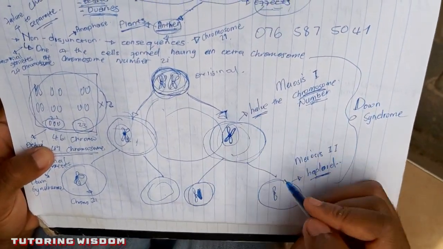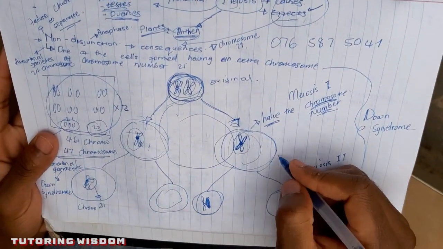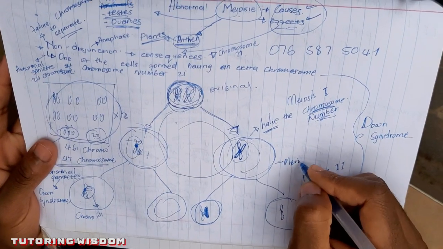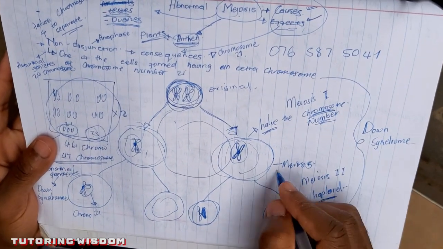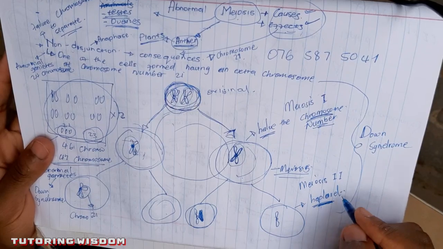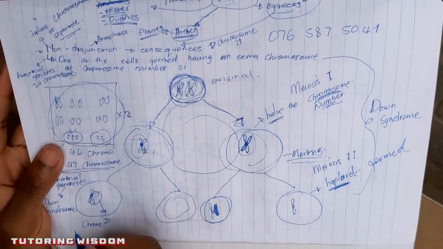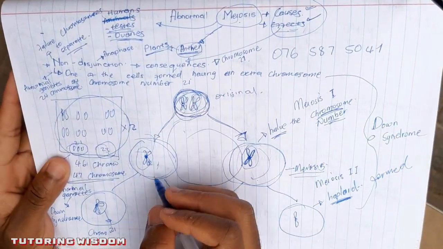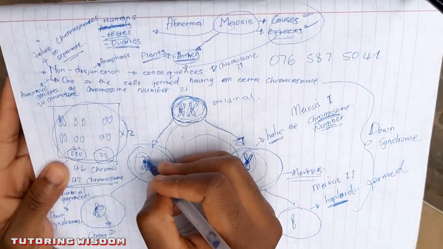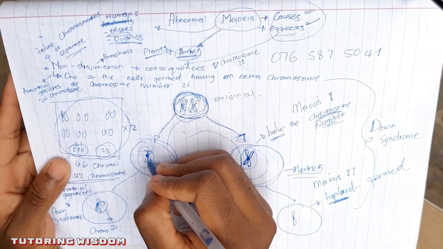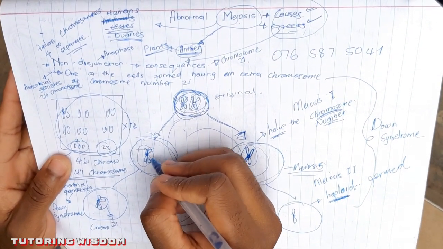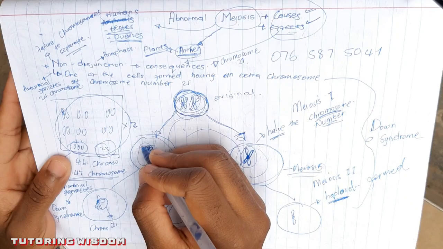But this time I decided to make it happen in meiosis 2, right? So meiosis 2, that's where haploid cells are formed. Now, in the second meiotic division, this chromosome was supposed to divide and be single chromosomes.